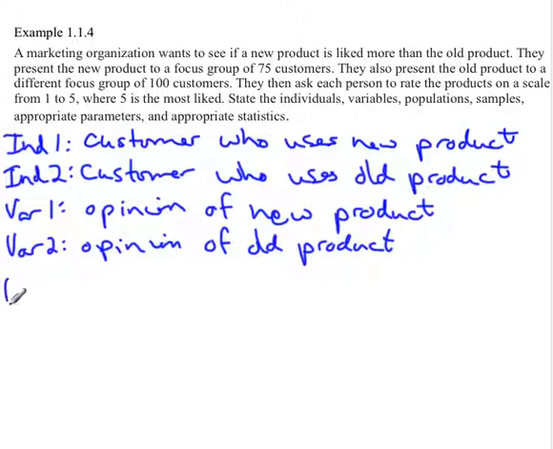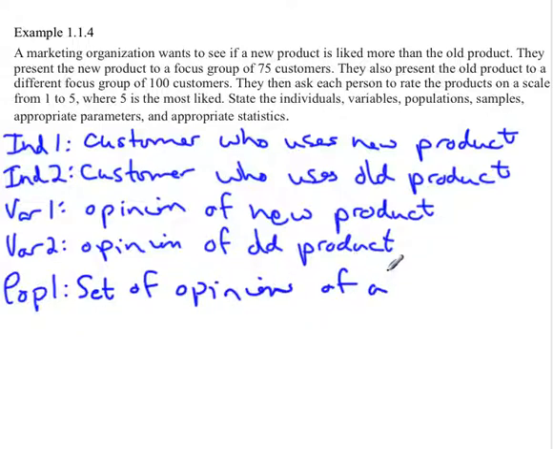Now we can come to the populations and the samples. The population is the set of the variable from all of the individuals. So population one in this case would be the set of opinions of all customers about the new product.